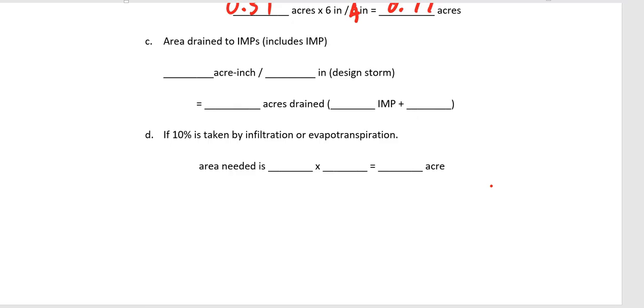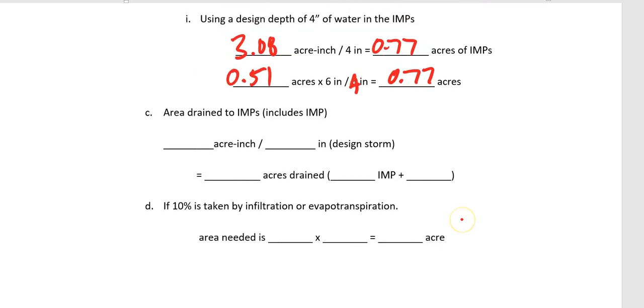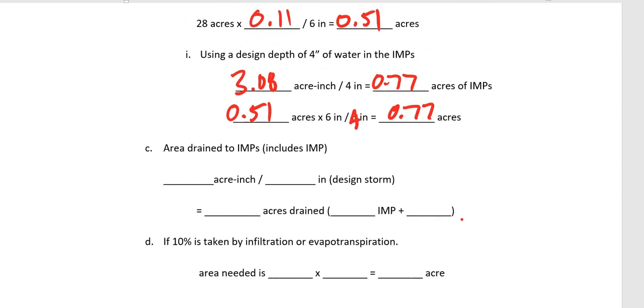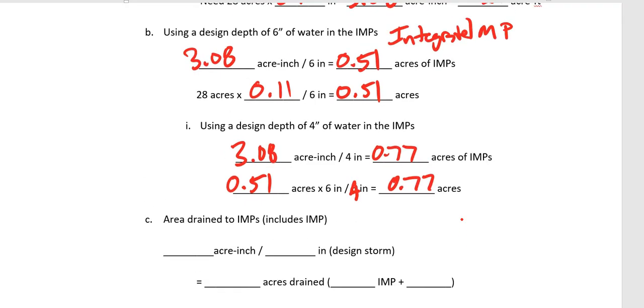Area drained to IMPs. What does that mean? Okay, so I have to collect 0.11 inches for the whole site. It comes down to if my IMP is 6 inches, I need to have a half acre.